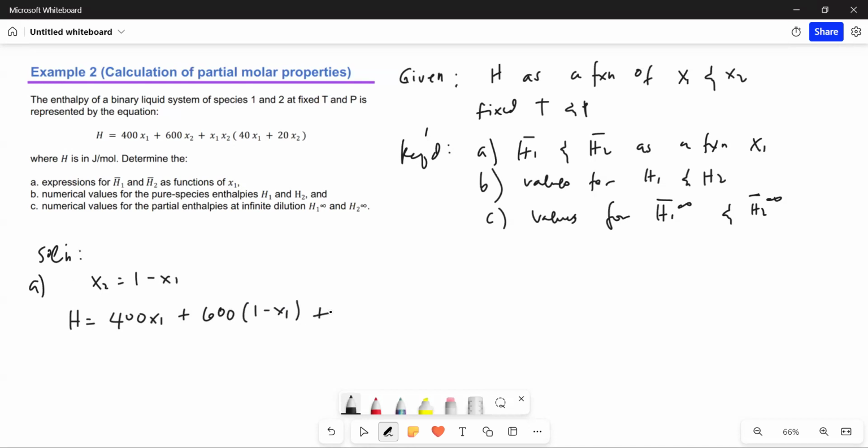Okay, and then x1 times x2, so we substitute 1 minus x1, and then 40 x1 plus 20 times 1 minus x1.